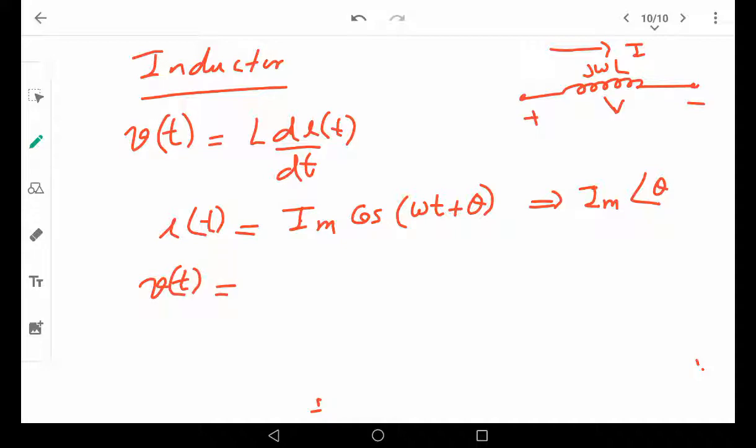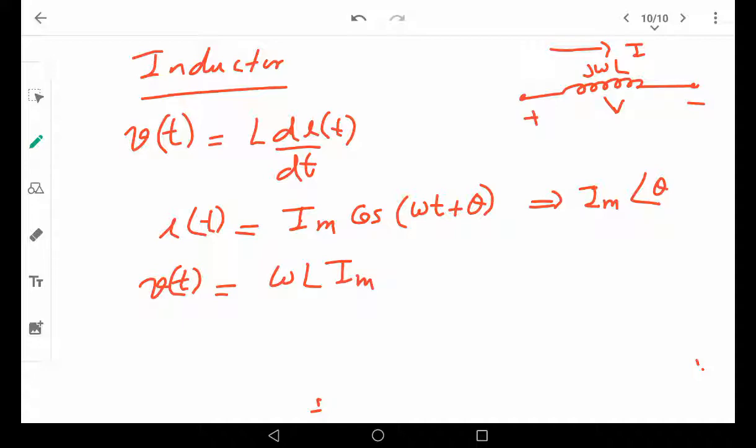Vt will be L times, right? You have to differentiate this particular thing. If you differentiate cos, you know it is sine. Omega also will come here, so it will be L times omega, right?